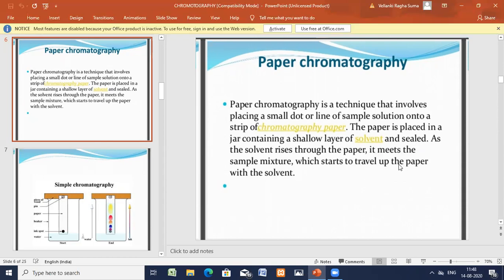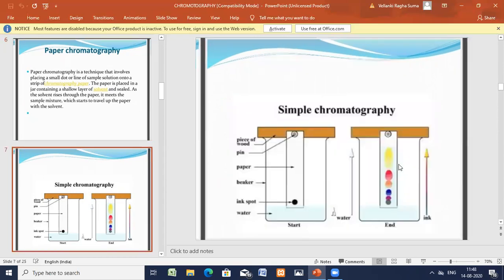The sample mixture starts to travel along the paper with the solvent. Here, a small line or a dot is placed on the paper, and this is inserted in a jar. This jar contains the mobile phase solvent. And this is the beaker. This is the paper, and this paper is pinned to a piece of wood.